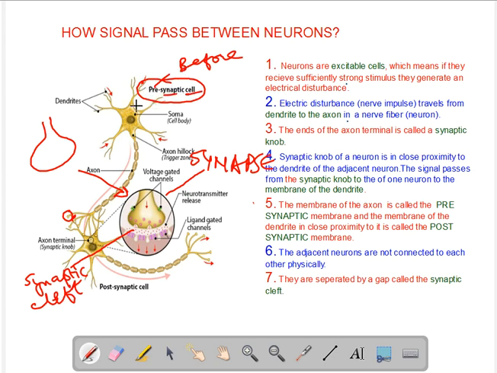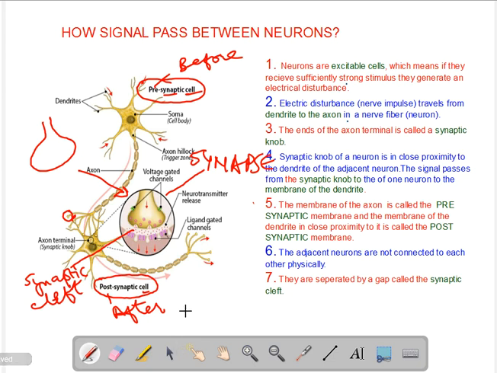So this particular neuron is called a presynaptic cell. And the cell that lies ahead of, or after the synapse, this neuron lies after this gap, right? So this whole neuron is called a postsynaptic cell. The word post means after. So the cell that lies after the synapse is the postsynaptic cell.